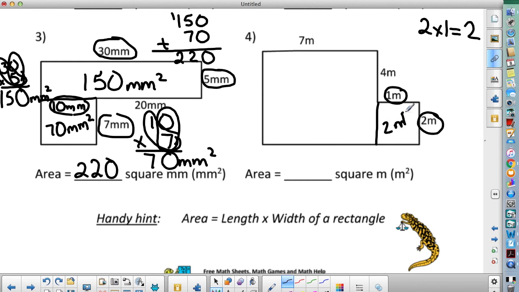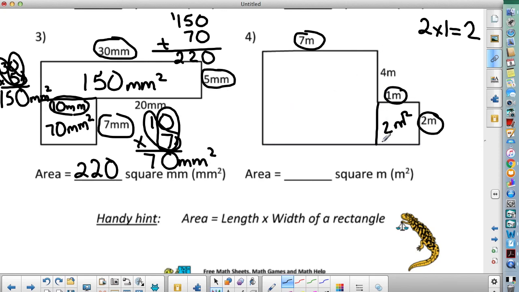And now let's look at the bigger rectangle. We have one of the lengths already given to us, and from there to there is 7. Okay. Now we need to figure out from here to there. Let's use what we know from the other side. From there to there is 4, and from there to there is 2.